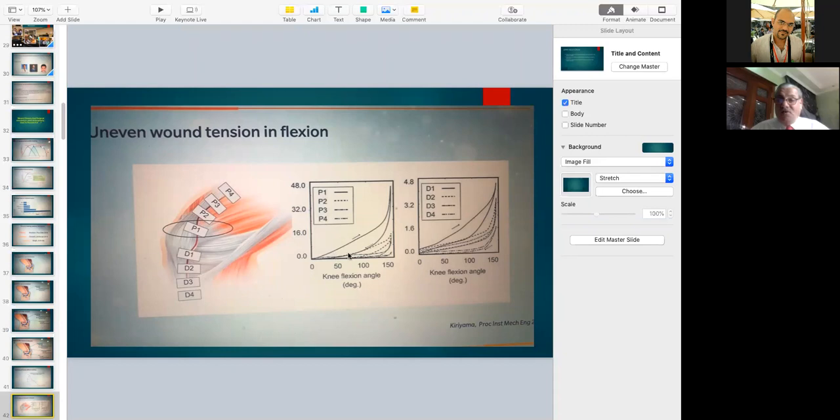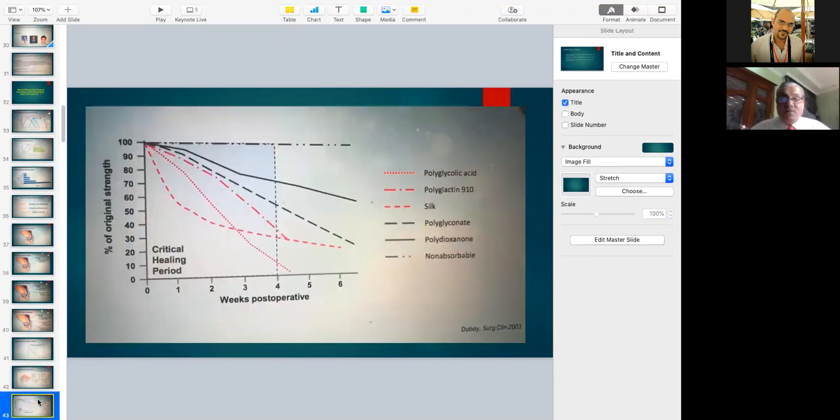So with flexion, P1 and D1 stand most of this tension. You must keep that in mind. That's why these places must be sutured very tightly, so they can stand flexion and extension when you are doing exercise and physiotherapy.